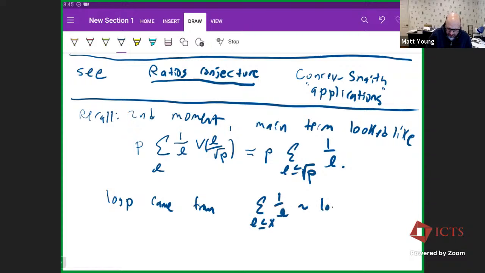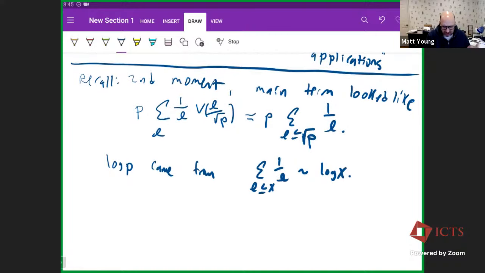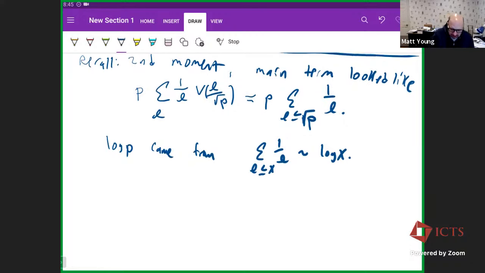This is asymptotic to log of x, which you can get from the integral test from calculus. So here's the observation. What if we had a sum over L between y and x?